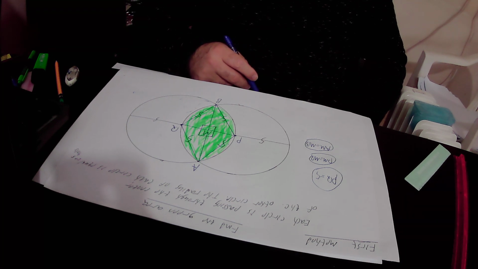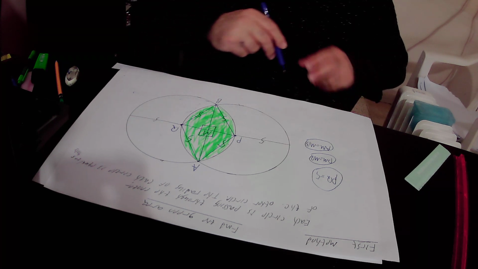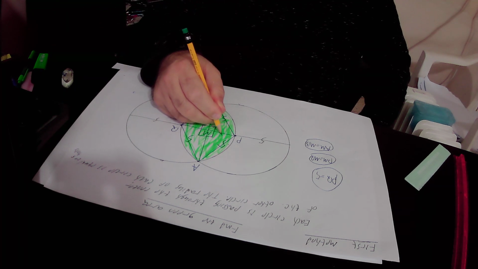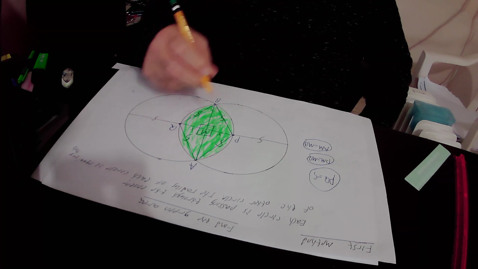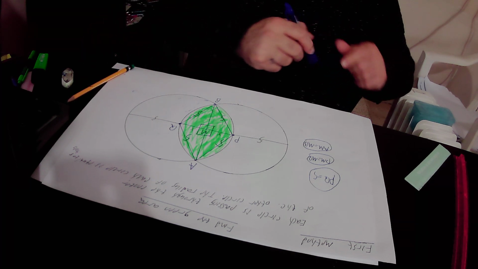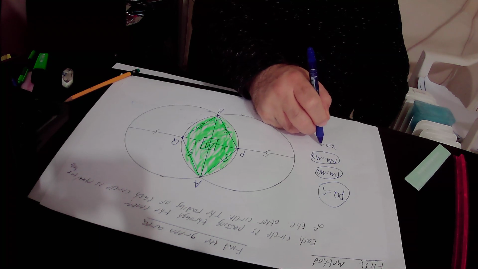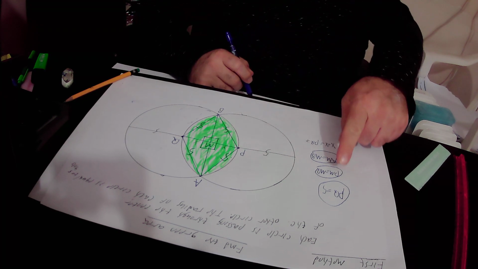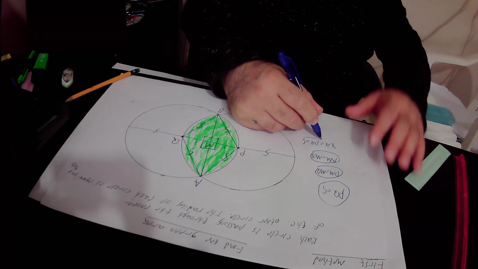So if we define PM as X, then MQ will also be equal to X. And X plus X equals PQ, but we have already found out that PQ equals 5 units.